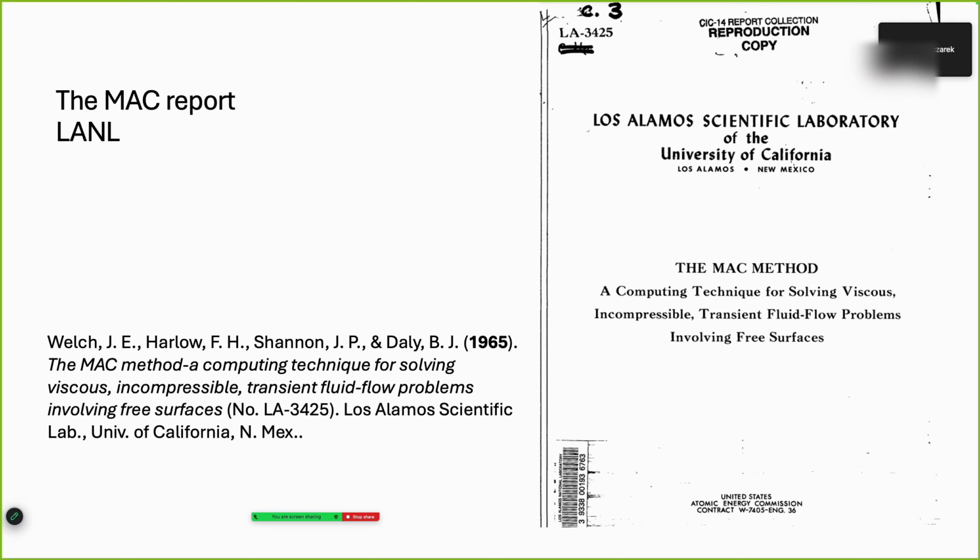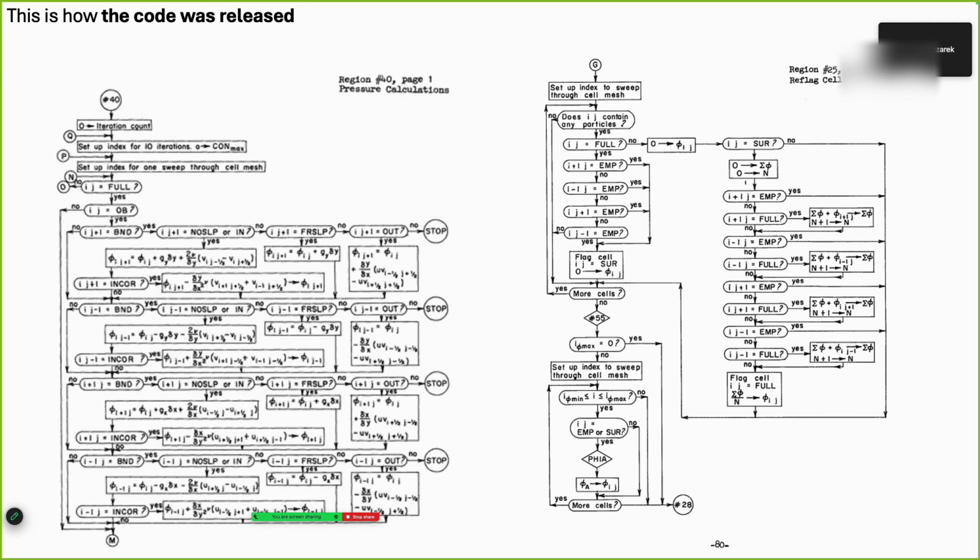But anyway, the MAC method is a method of solving the Navier-Stokes equation with a free surface. So this particular method gives you the solution to incompressible Navier-Stokes equations with particles that show where the fluid is going. It is not simple, but it was provided in this way.